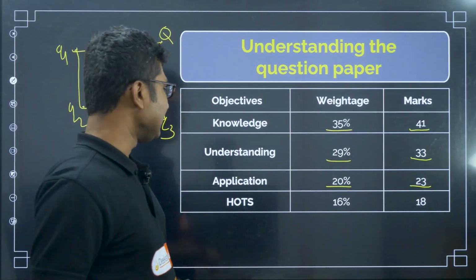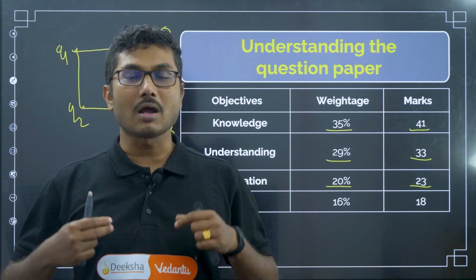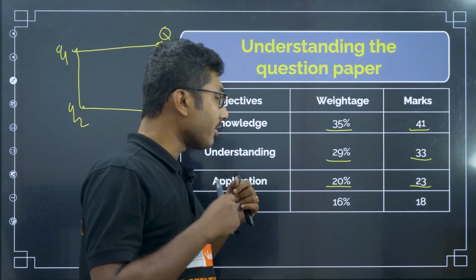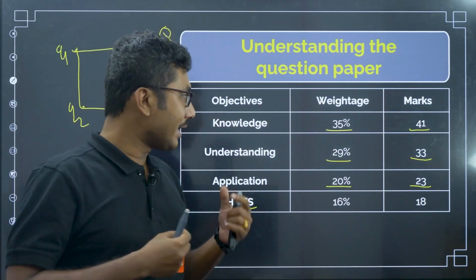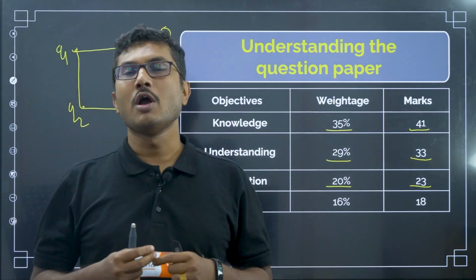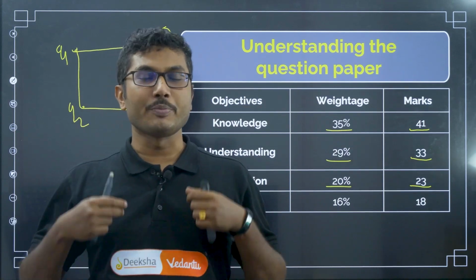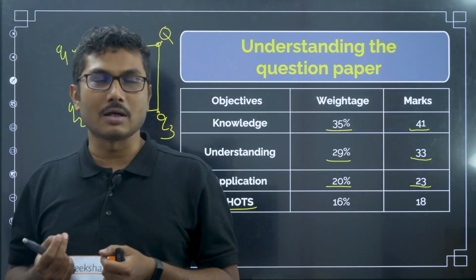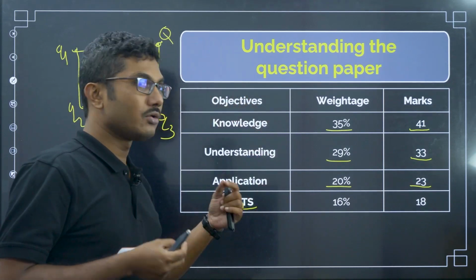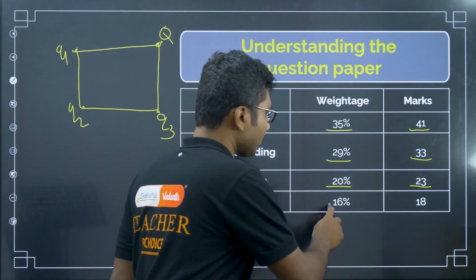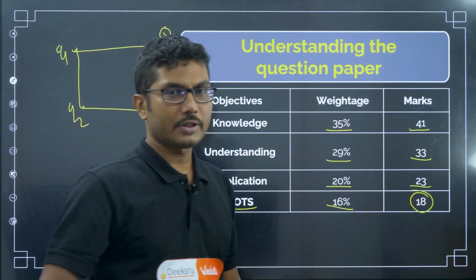Last but not the least is HOTS. HOTS means higher order thinking skills, when you have to apply your brain. Whatever you have studied, the answer is not directly there in your book. From the knowledge you have gained and the application you have done, you have to use your head to answer those questions. 16% of such questions are HOTS and 18 marks is allotted for that.